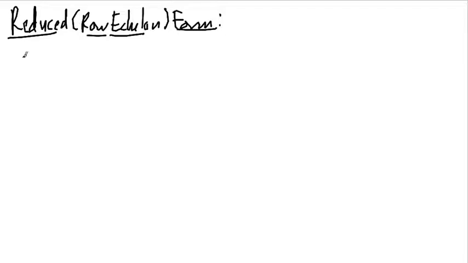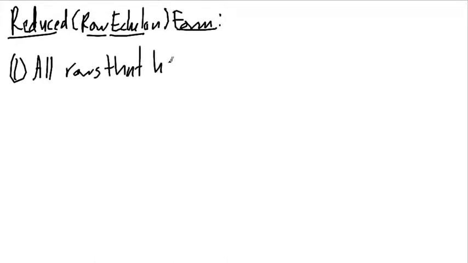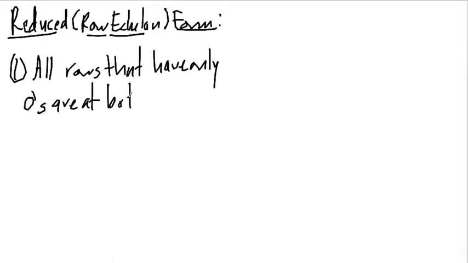A matrix is in reduced row echelon form if the following are true. Number one, all rows that have only zeros are at the bottom. They're below all rows that have some non-zeros.